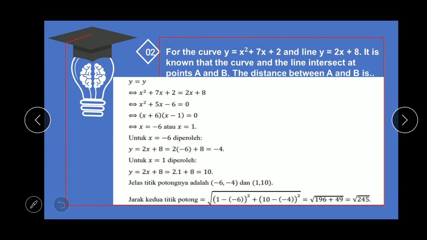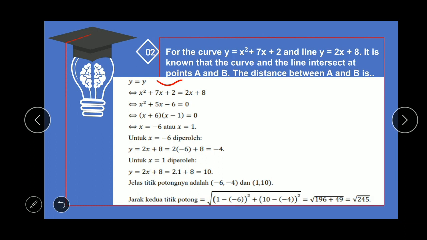if the curve and the line intersect, it means that there are points that have the same point, so we can write it down like this, because y equals y.